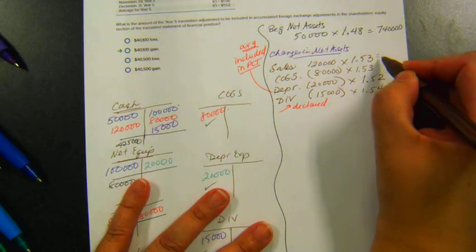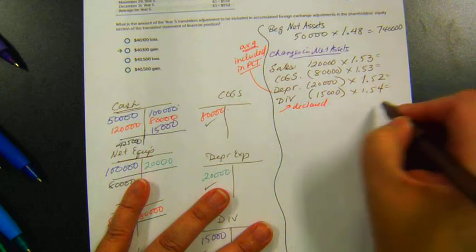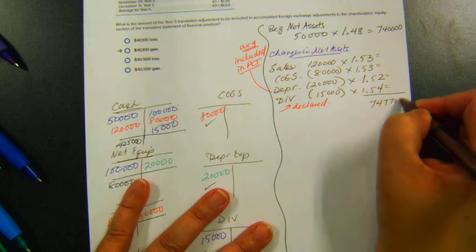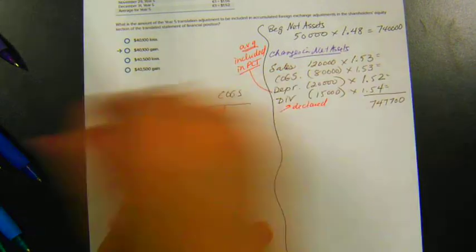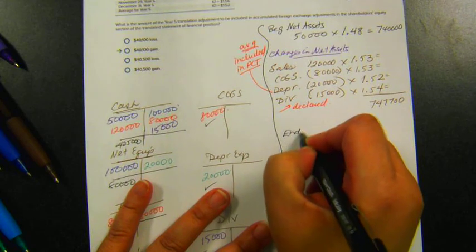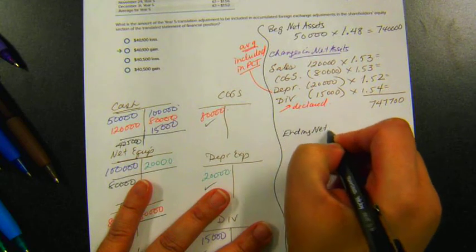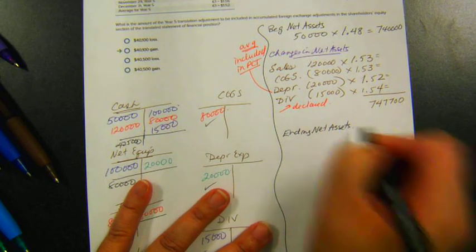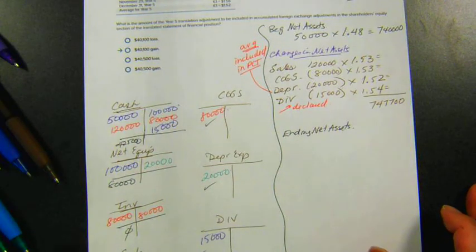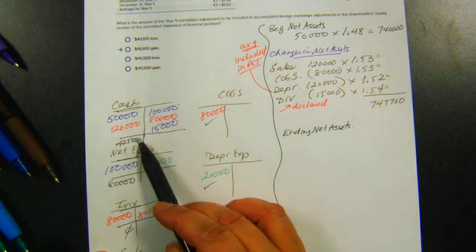So I'm going to let you fill those numbers in. You end up at 747,700. And then we have to go, what are your ending net assets? Your ending net assets are the ending balances, which I was trying to do earlier.